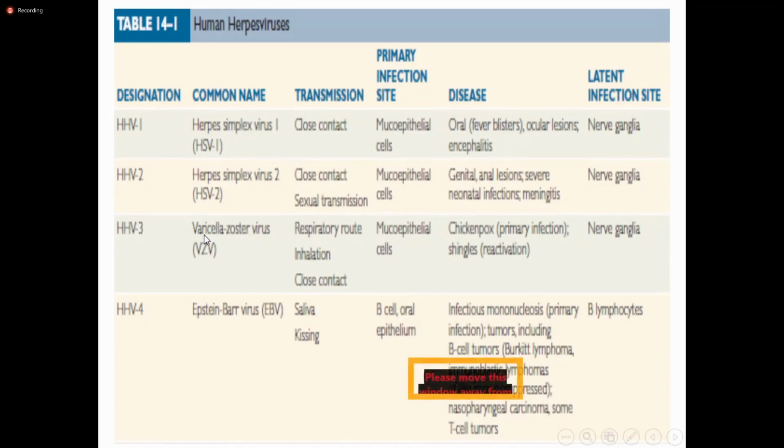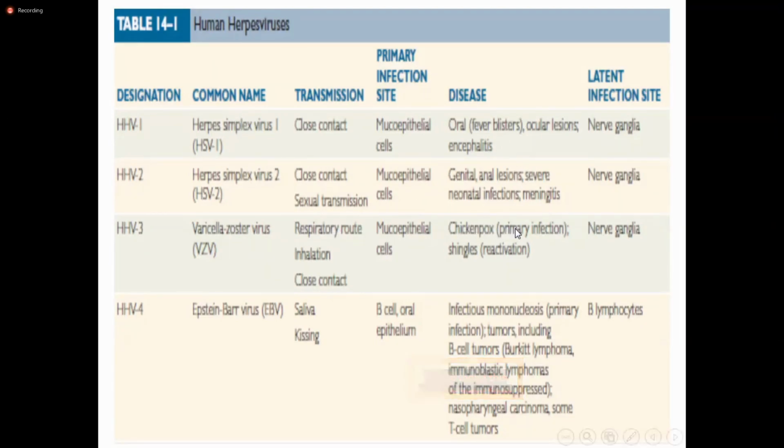Type 3, human herpes virus type 3, varicella zoster. Varicella means chickenpox, and zoster is shingles. This virus can be transmitted through the respiratory route, inhalation, and close contact, again affecting mucoepithelial cells.